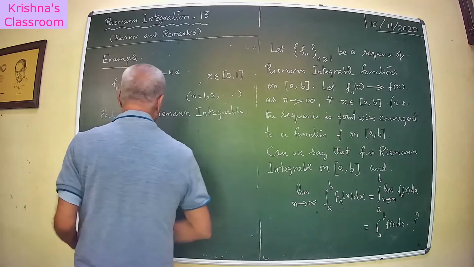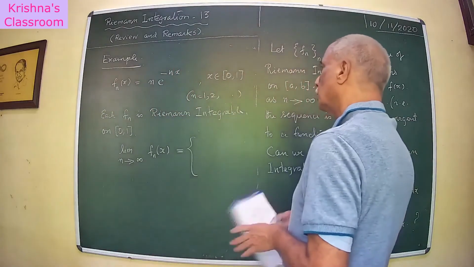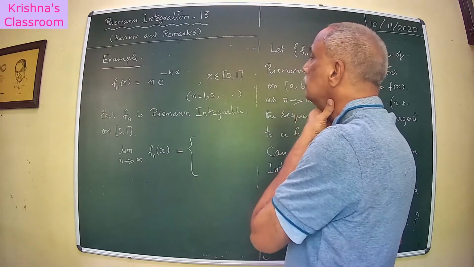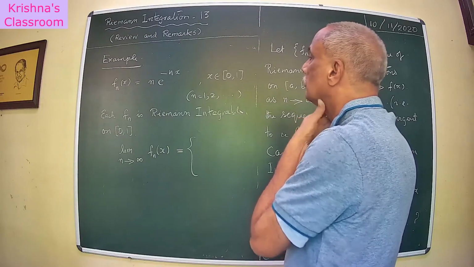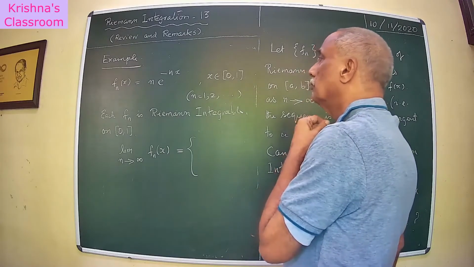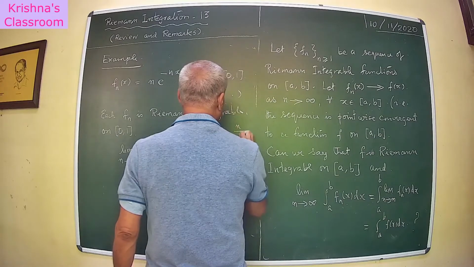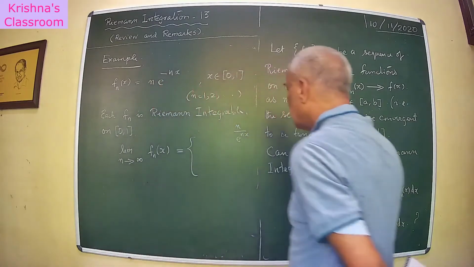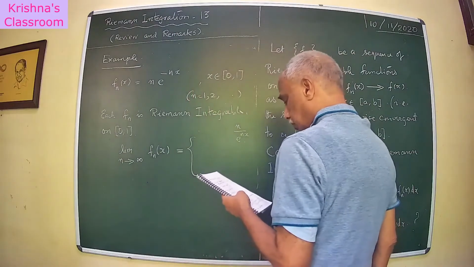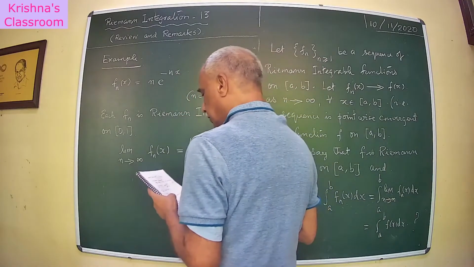For x greater than 0, this is n divided by e to the power nx. Now you can show that this actually goes to 0.